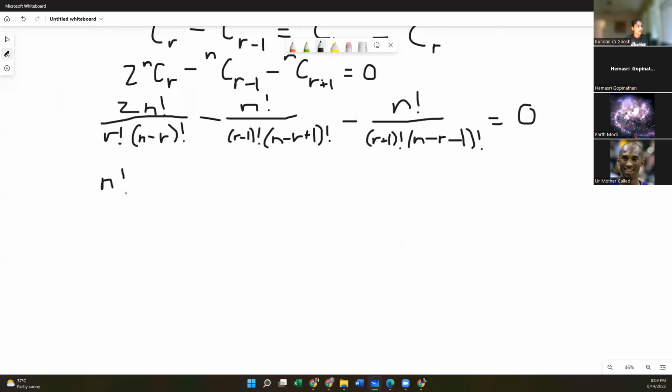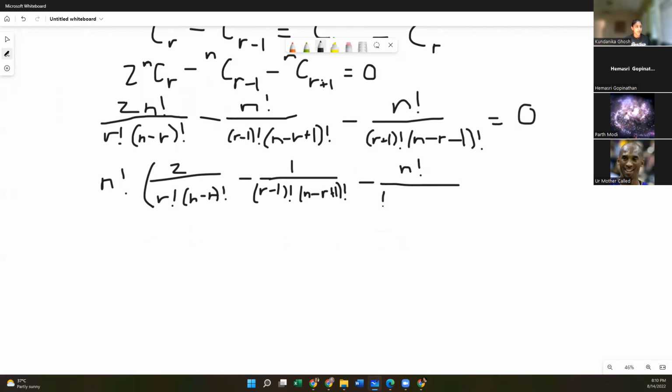So I'll have n factorial times 2 over r factorial times n minus r factorial, minus 1 over r minus 1 factorial times n minus r plus 1 factorial, minus 1 over r plus 1 factorial times n minus r minus 1 factorial, equals 0.